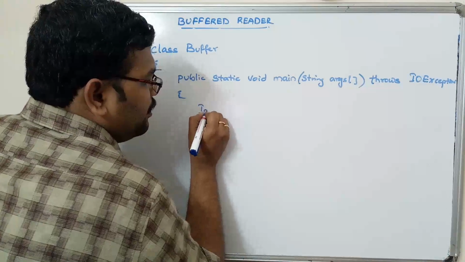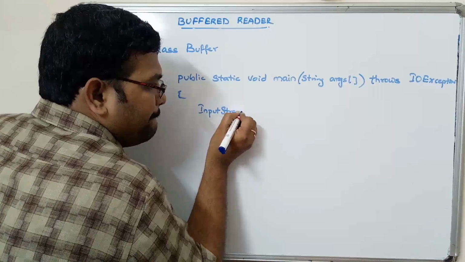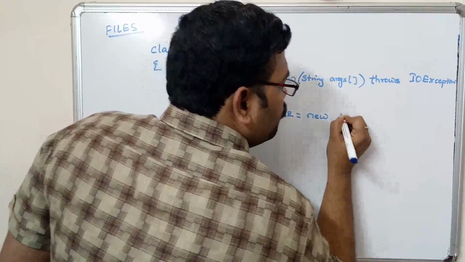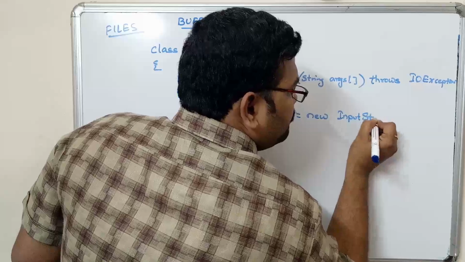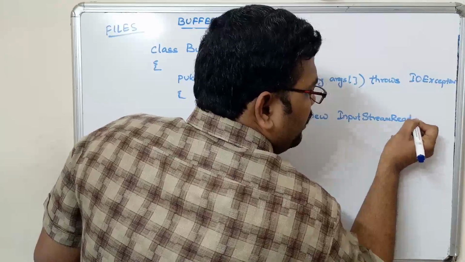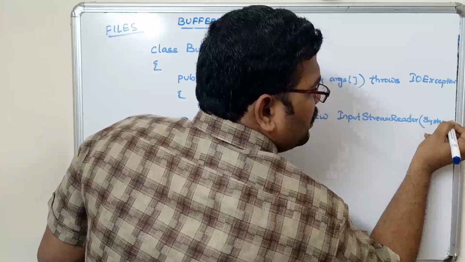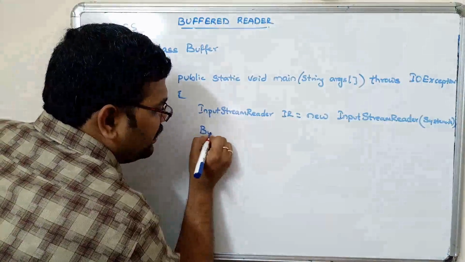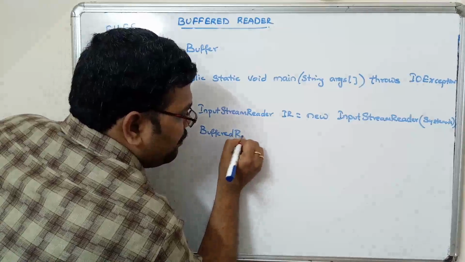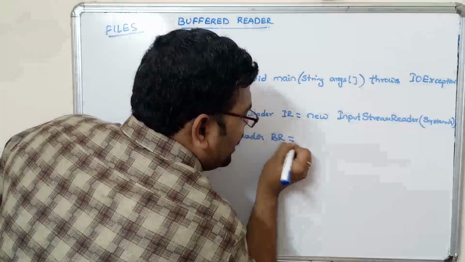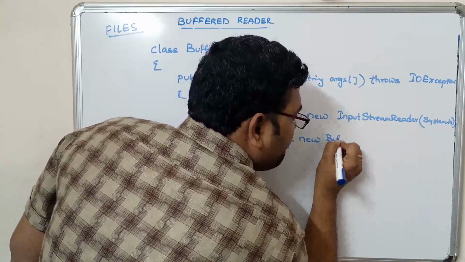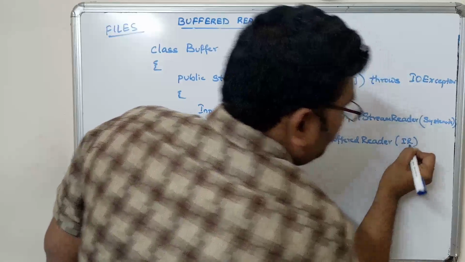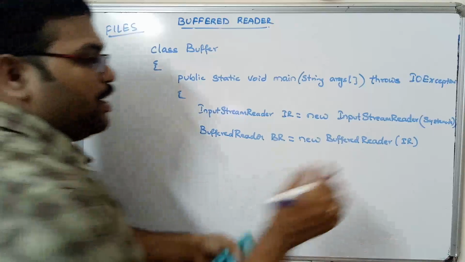Now we can write InputStreamReader ir is equal to new InputStreamReader(System.in), and now from the ir we have to read the data by using the BufferedReader class. BufferedReader br is equal to new BufferedReader from this ir object.